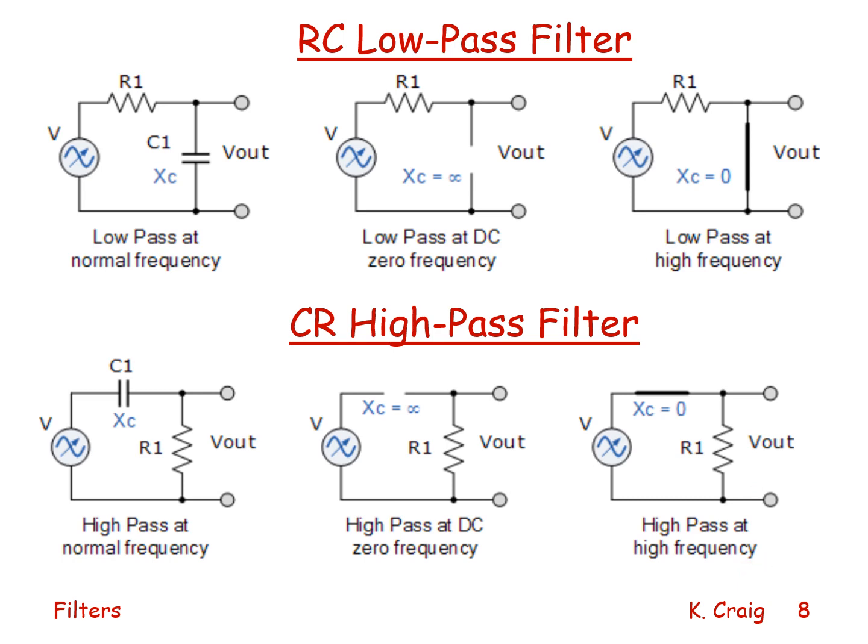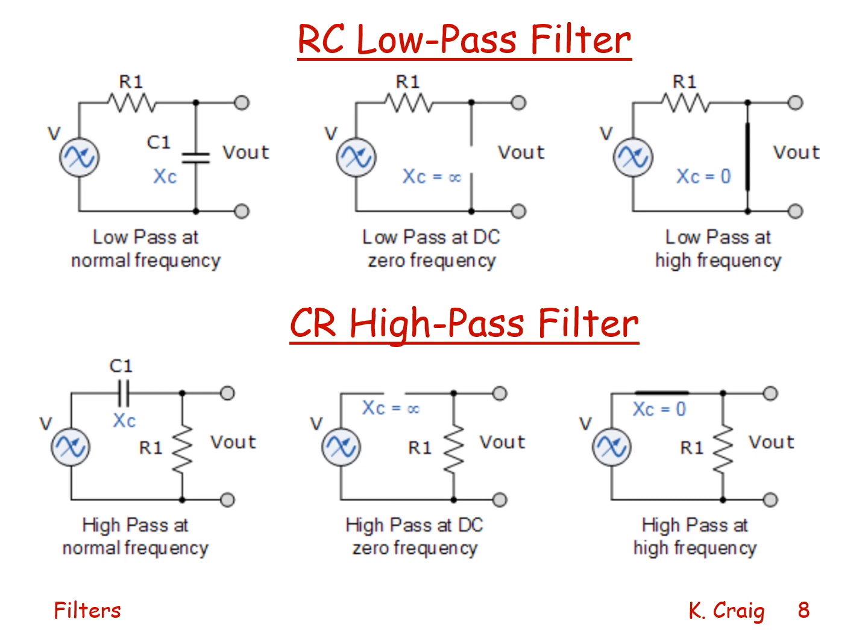So this is the RC low-pass filter, both in normal frequency and then at its limiting values, DC and high frequency. And the same for the CR high-pass filter, for normal frequency and then its limiting performance at DC and very high frequency.